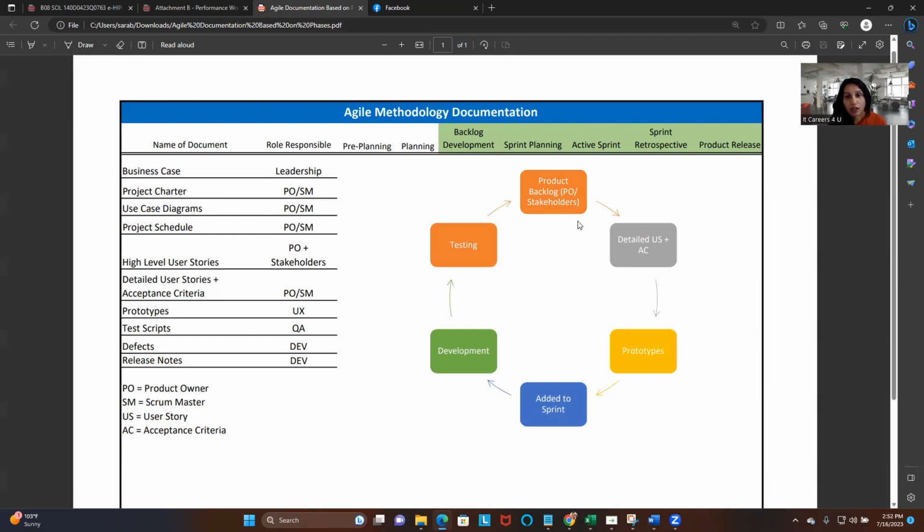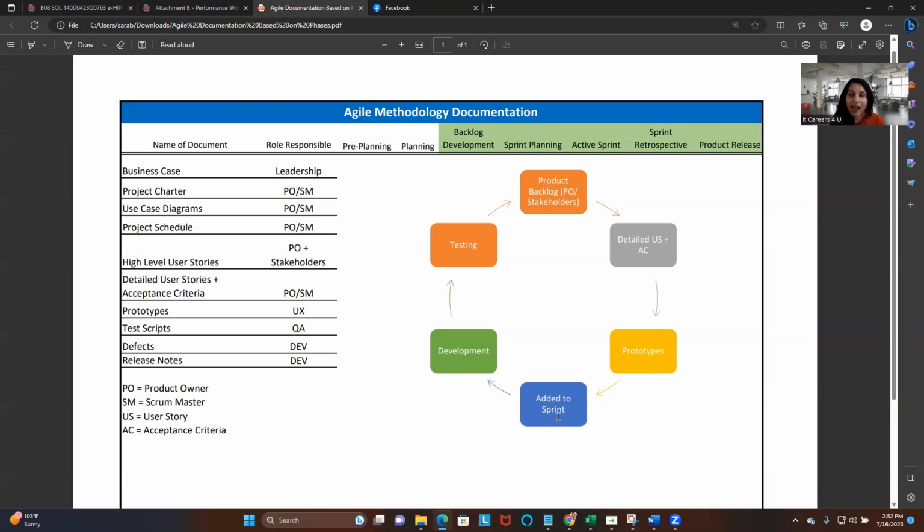So again, the overall flow of this follows what we see in the Agile environment, which is pretty incremental and iterative, which means that it goes into smaller cycles, right? So as I mentioned a little bit before, you have a product backlog, then you have detailed user stories and acceptance criteria, then you create prototypes.